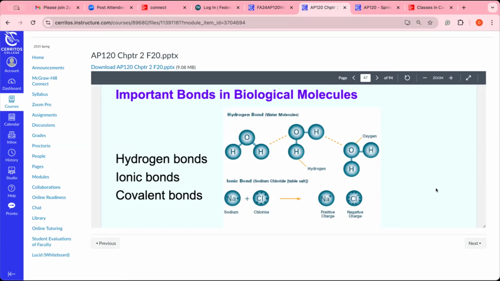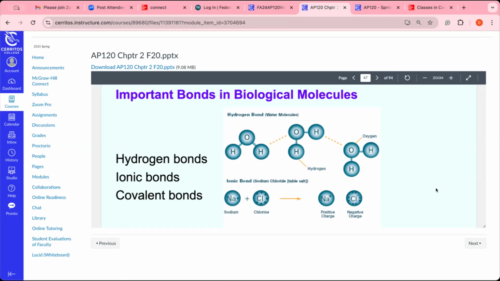Ionic bonds form when you have molecules that are charged, usually at least 1 positive ion and 1 negative ion, sometimes more than 1 positive and more than 1 negative.